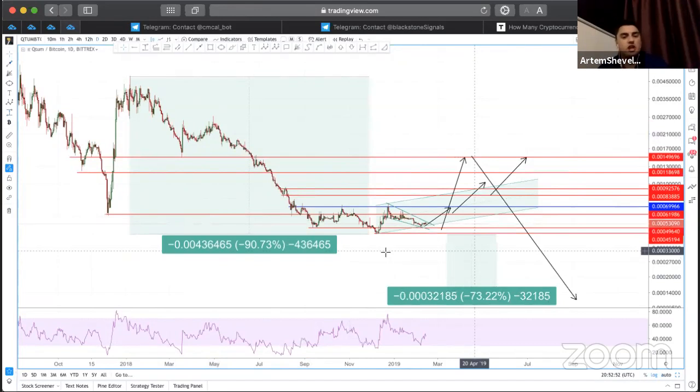You're just checking the cards, checking the next flop, checking what is going on with your combination. You don't go all in on each step, right? You just go step by step. You just make bets after you see what is going on at your table, right? So the same thing with trading.